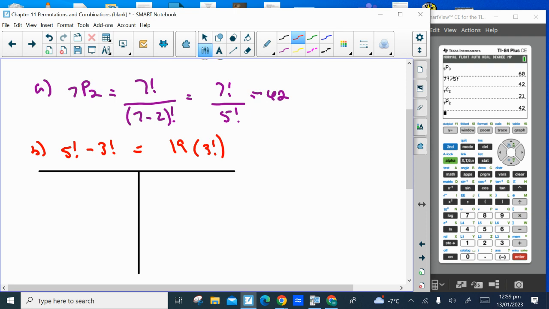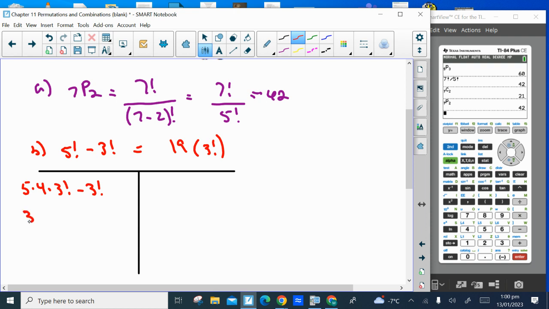And if you remember, we did this by using common factors. 5 factorial can be written as 5 times 4 times 3 factorial. And the reason I stopped at 3 factorial is because that is the term that's in the second position.